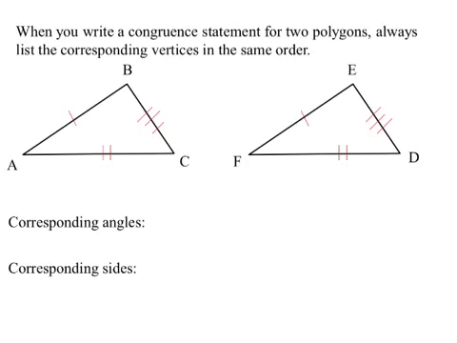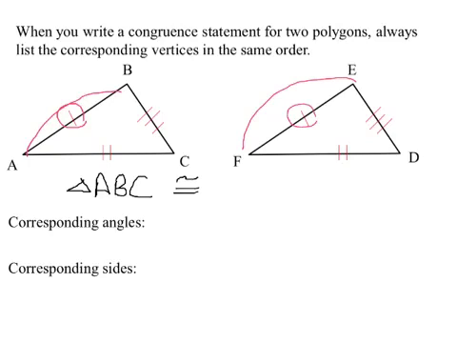When you are writing a congruence statement for two polygons, always list the corresponding vertices in the same order. For this one, I have triangle ABC is congruent to, if I look, I went from A to B, which is the one tick mark, so I'm going to go from F to E, which is the one tick mark.